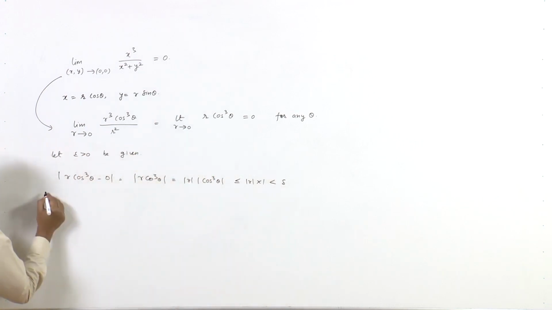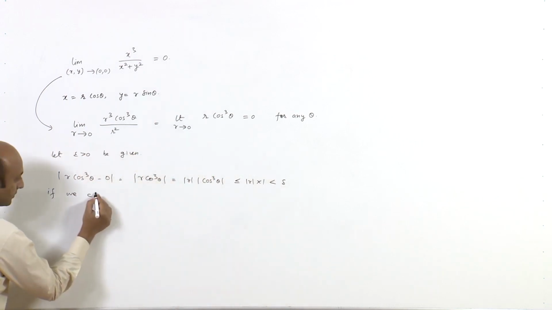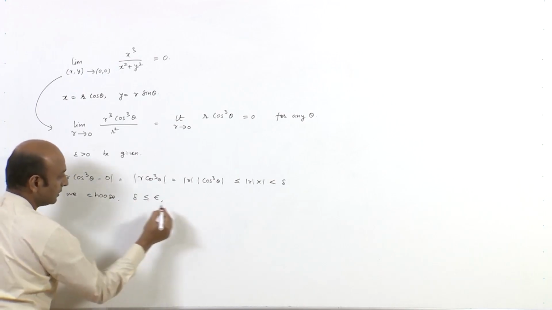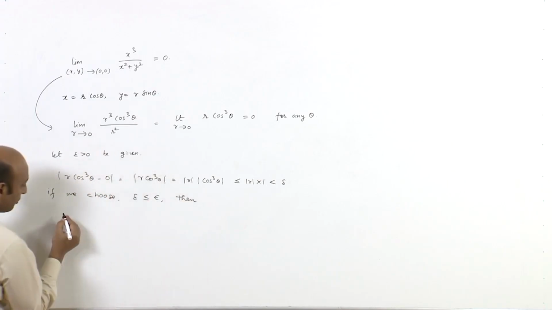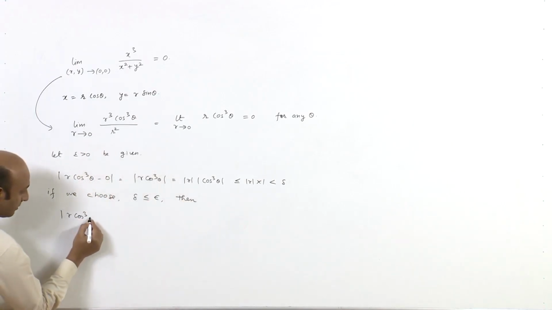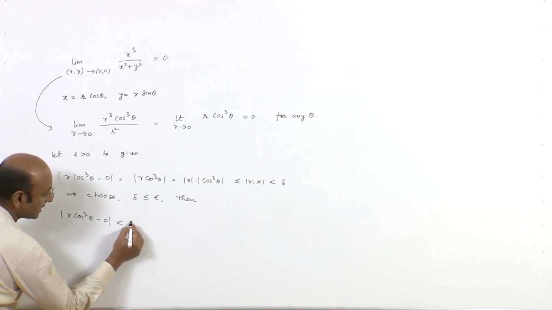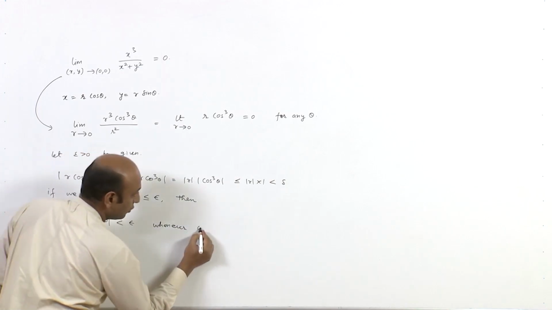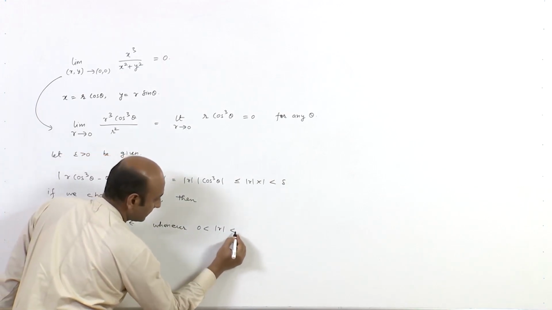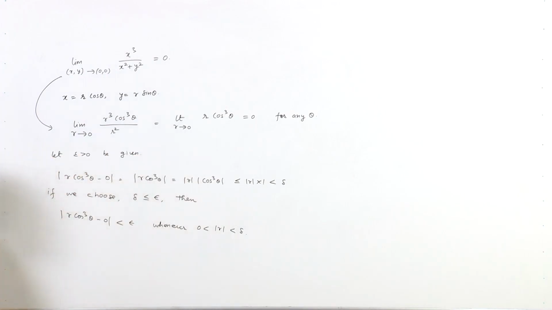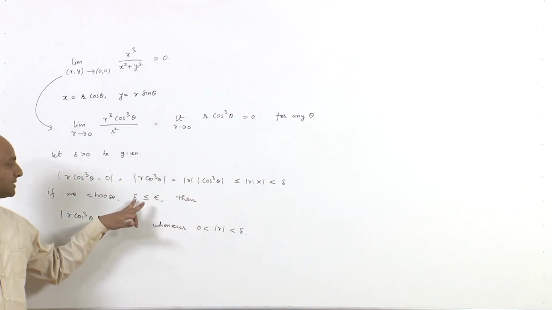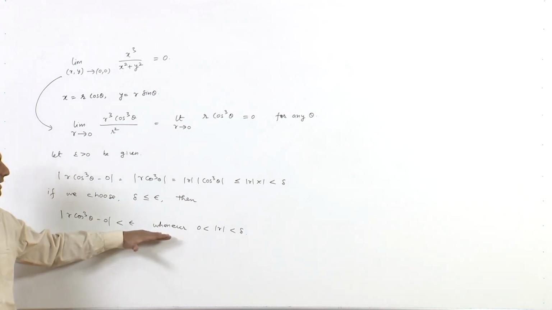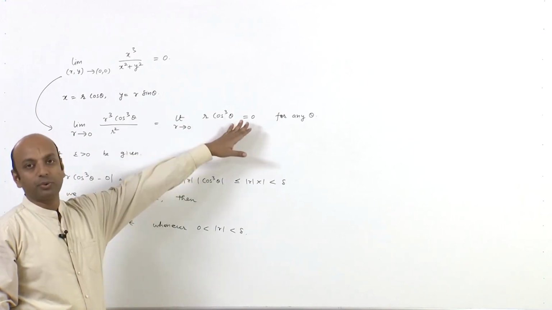So if we choose delta less than or equal to epsilon, then mod of r cos cube theta minus 0 will be less than epsilon whenever 0 less than mod r less than delta. Hence we have shown the existence of such delta for which this inequality holds. Hence, we can say that this limit exists and is equal to 0.